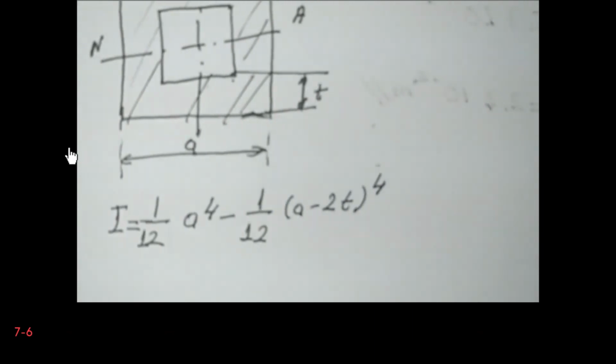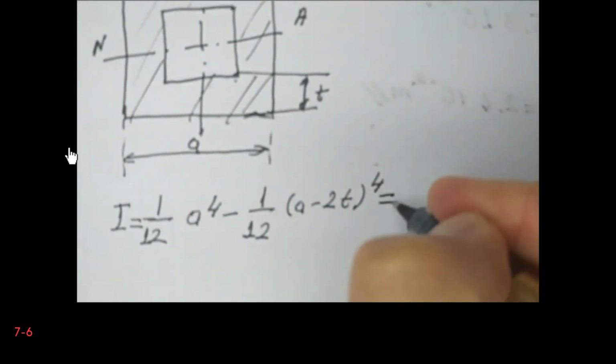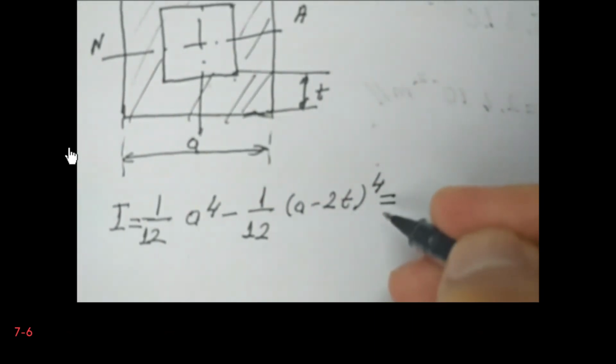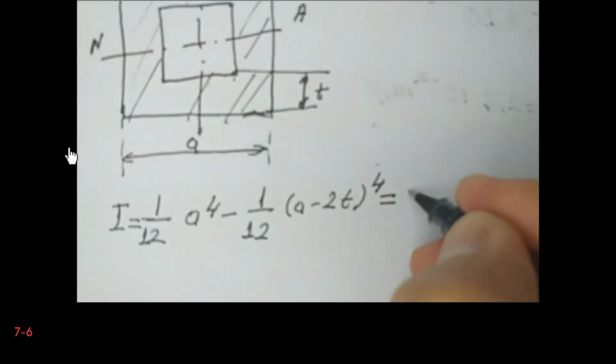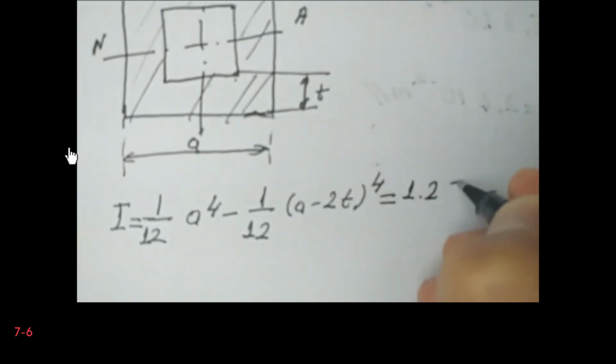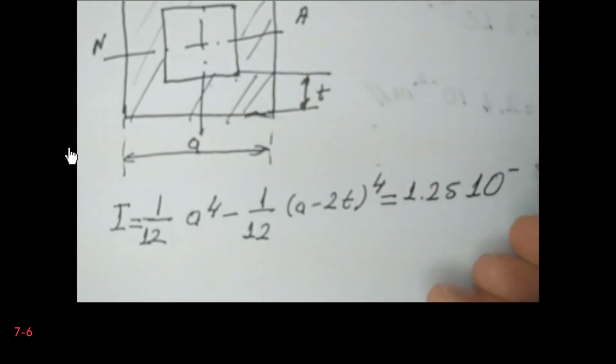Now if we put the values into their places, we are going to get 1.25 10 to the power minus 4 meter to the power 4.